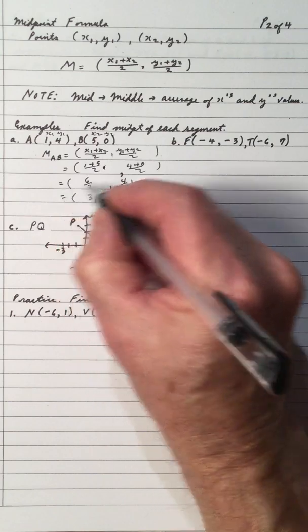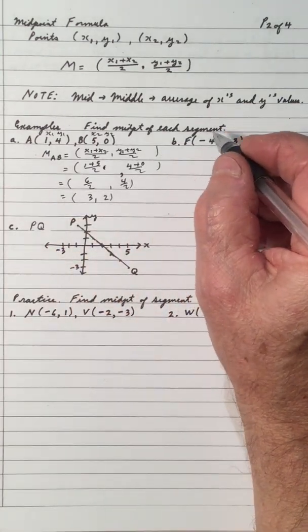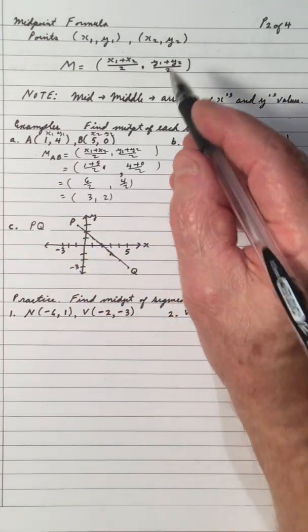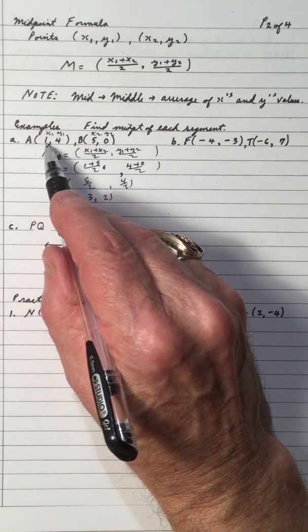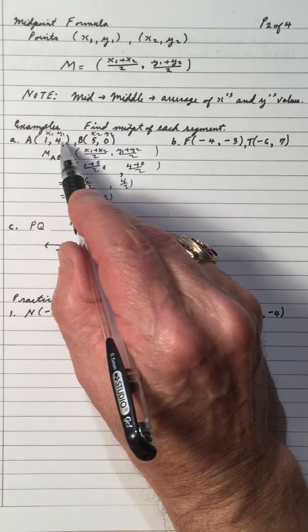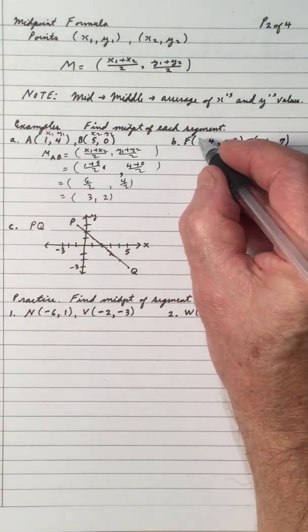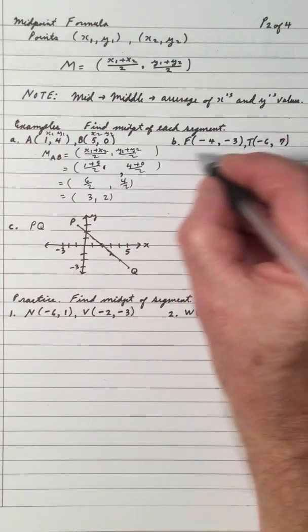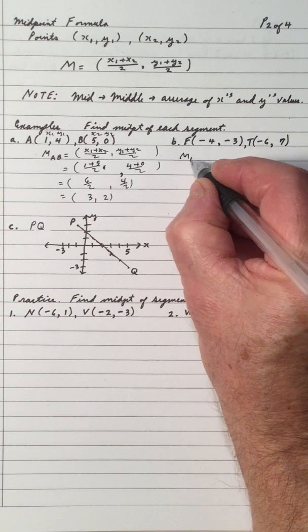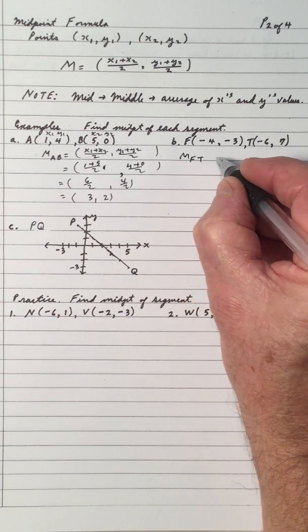So the midpoint of a segment is in the middle. And you notice halfway between 1 and 5 is 3. Halfway between 4 and 0 is 2. So let's find the midpoint of FT, M, and we're doing the segment FT.